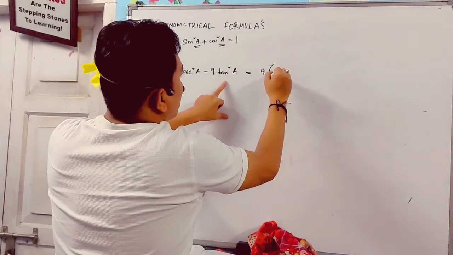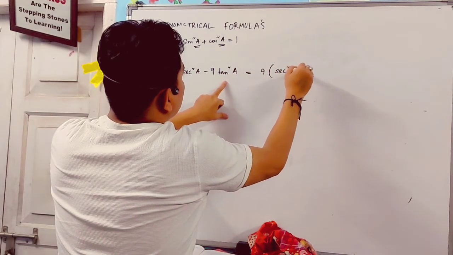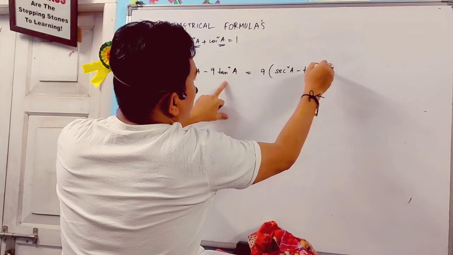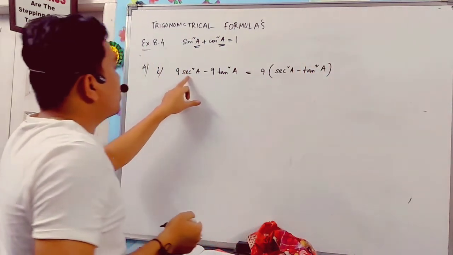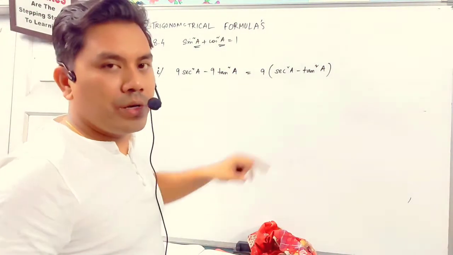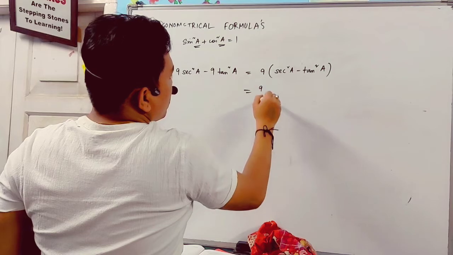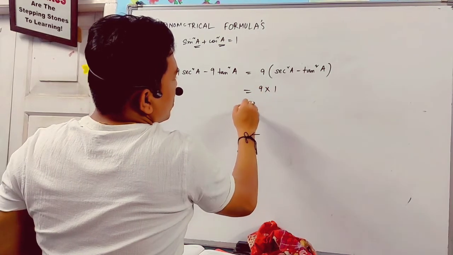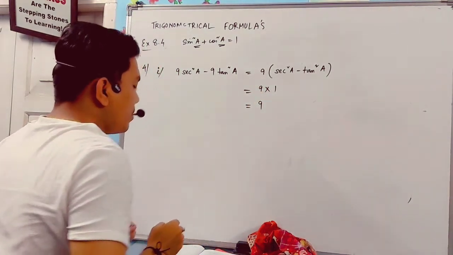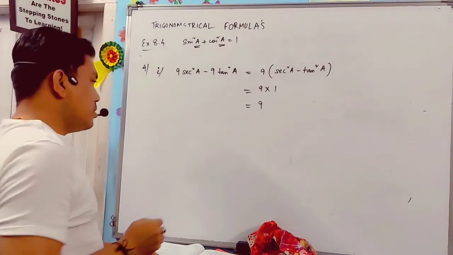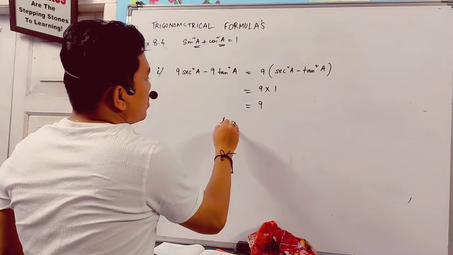Yes, let us take 9 common from both. Minus tan square a. Since we have taken out 9, only sec square a and tan square a will be remaining inside the bracket. Sec square a minus tan square a is 1. So 9 into 1 is 9. Do we have any option as 9? Yes. So the answer is B.